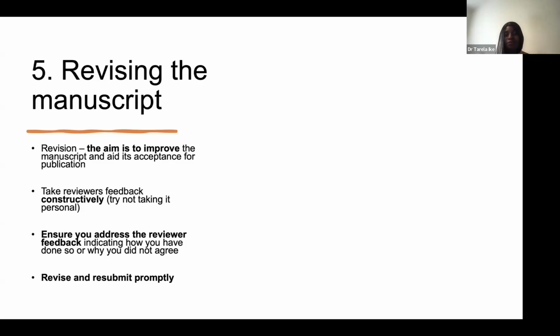But if you are managing that expectation, and you do not take it personally and see it as something developmental, then you're more likely to actually engage with the feedback, as opposed to thinking, what's this? I can't just revise and submit this piece of work.